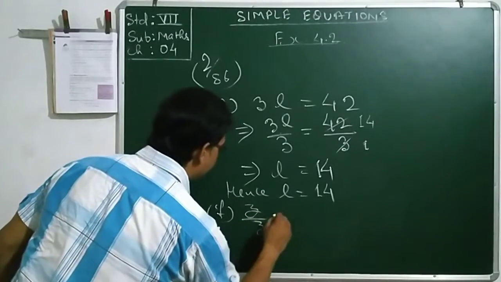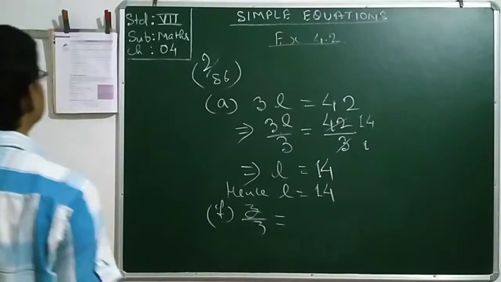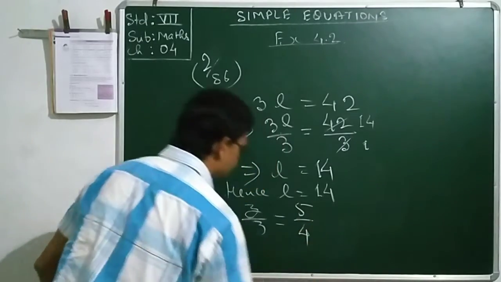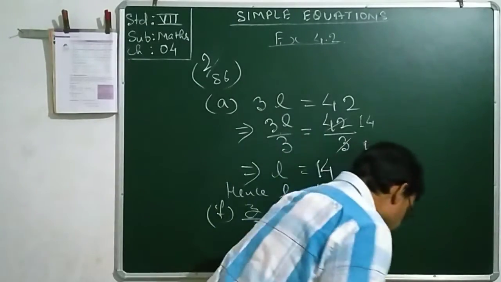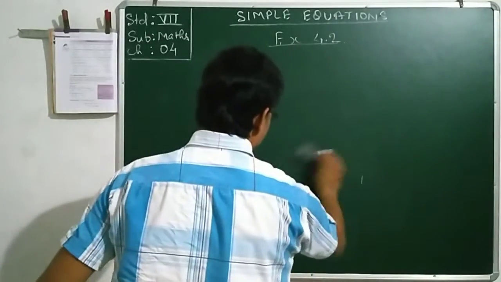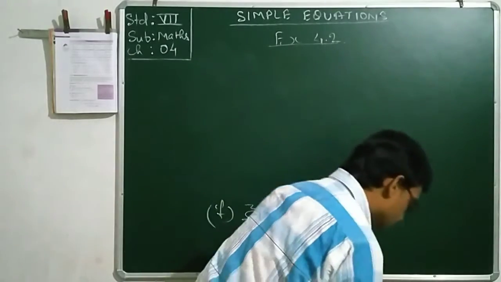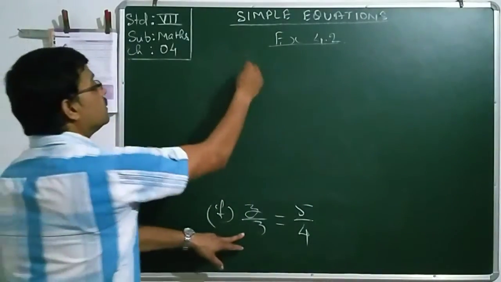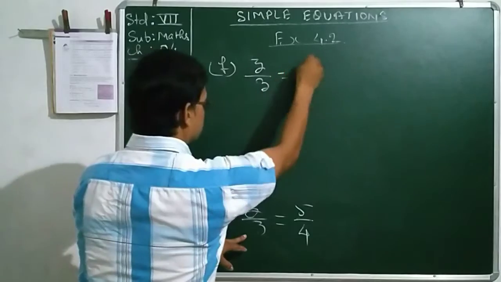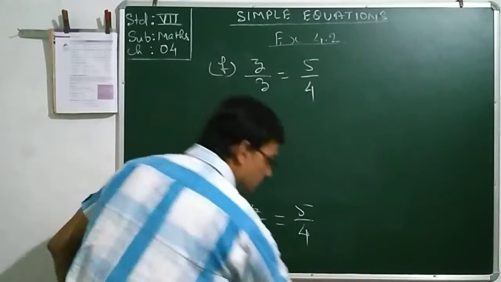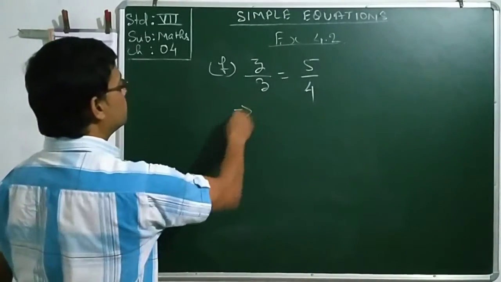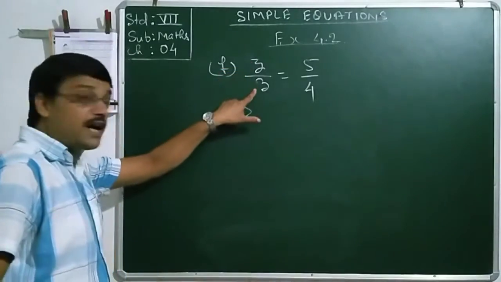It's z by 3 equal to 5 by 4. z has been divided by 3.